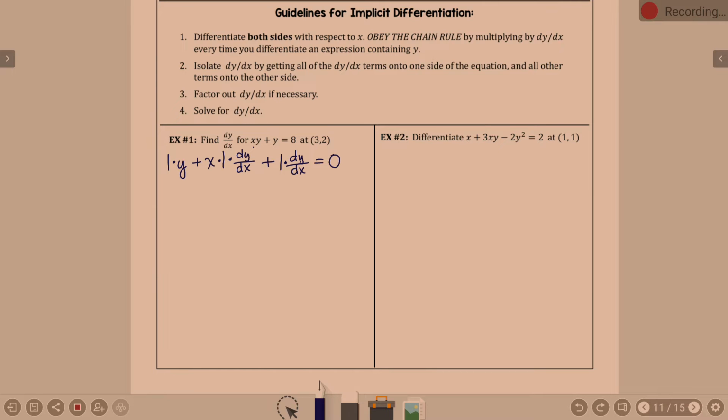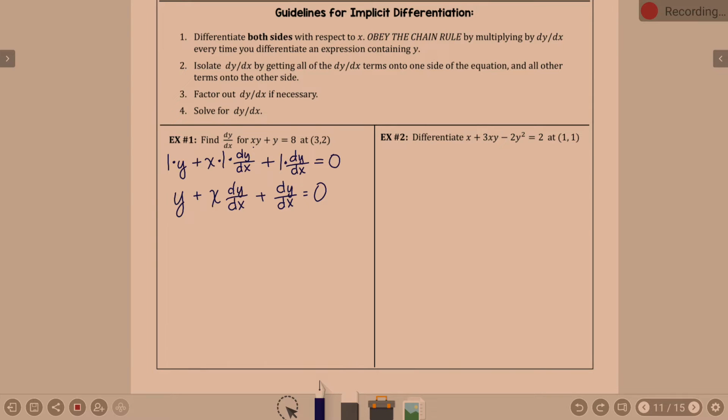Okay, let's do some cleanup. 1 times y is y. x times 1 times dy/dx is x dy/dx. And 1 times dy/dx is just dy/dx, equals 0.